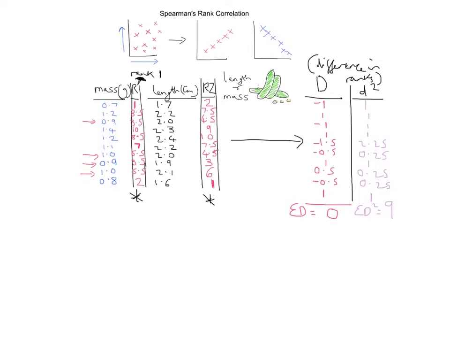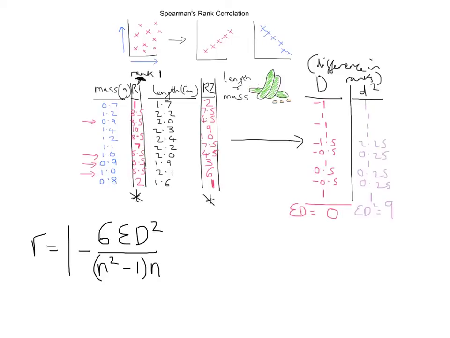Now the formula for Spearman's rank, to work out that correlation coefficient, R, is equal to 1 minus 6 times the sum of D squared, all divided by N squared minus 1 in the brackets, all times N.